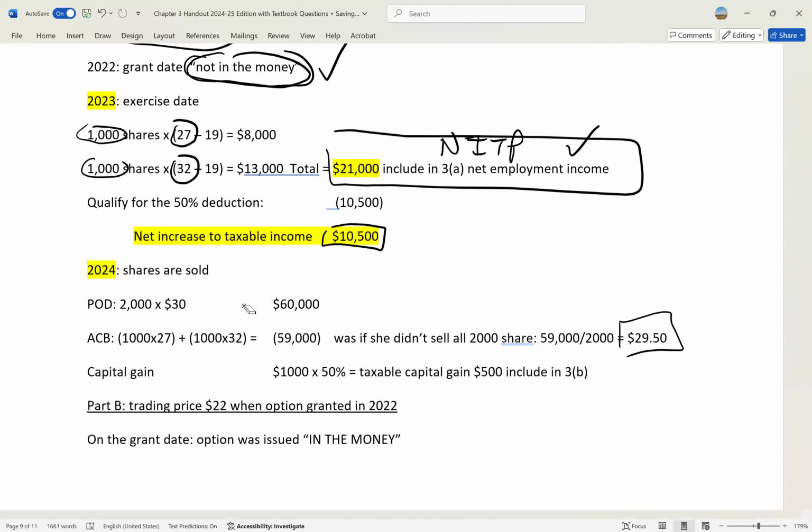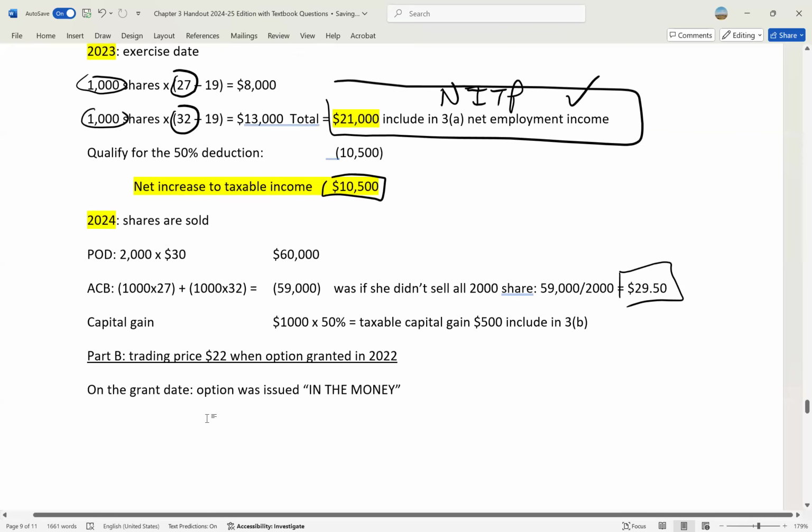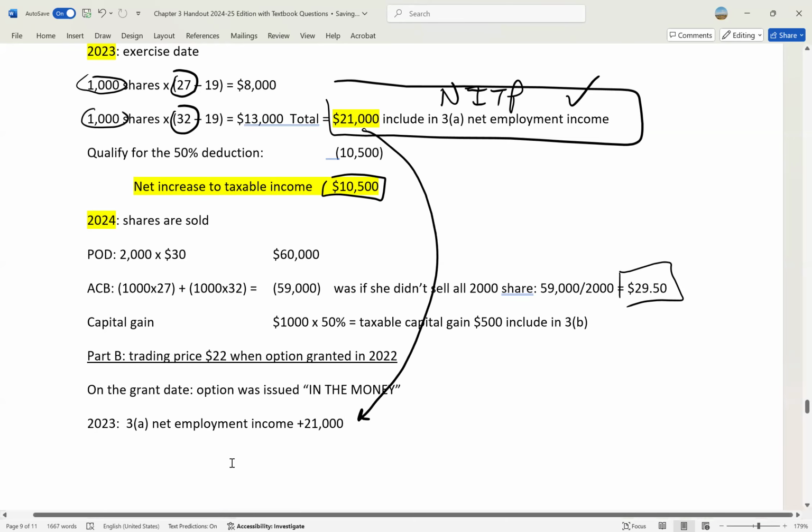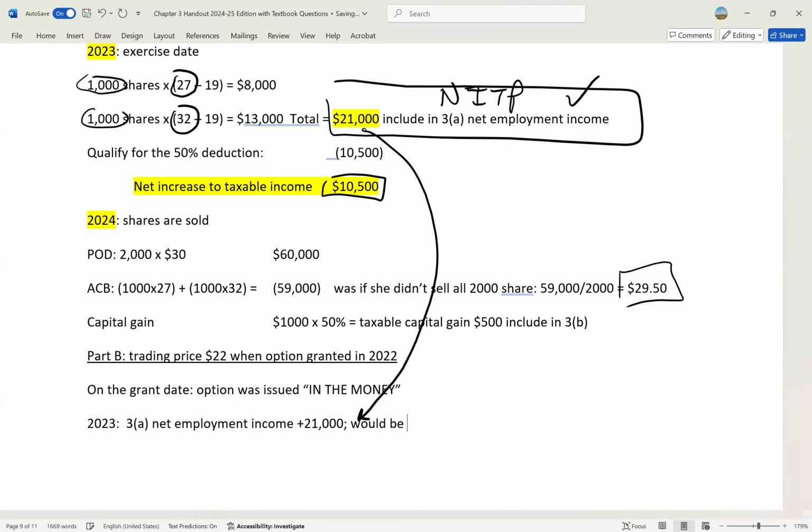So what would be the difference then in Part B? The difference then would be in 2023, again, her net employment income would increase by 21,000. So it's that same 21,000 that we got here, but the difference is that there would be no 50% deduction.